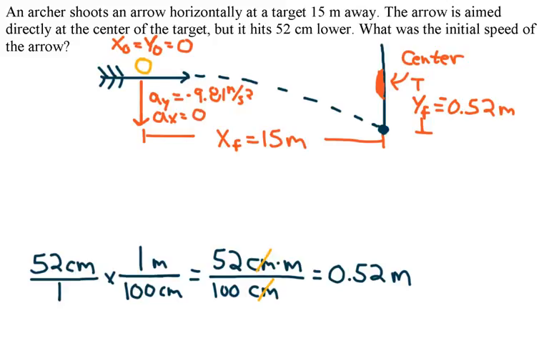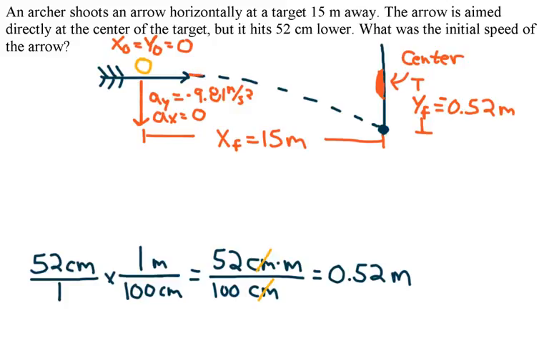I know it's getting a little bit tedious here, but I want you to get into the habit of drawing as much information on the pictures that you draw as possible. I also know that when this archer shoots this arrow horizontally, the initial velocity is perfectly horizontal at the beginning.